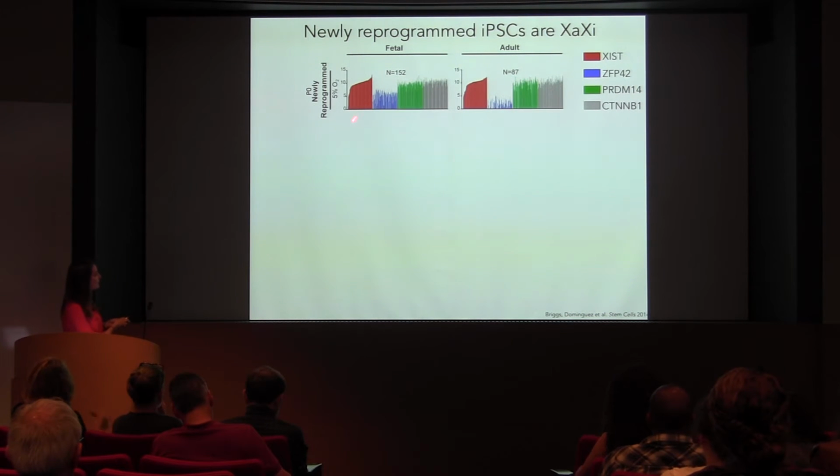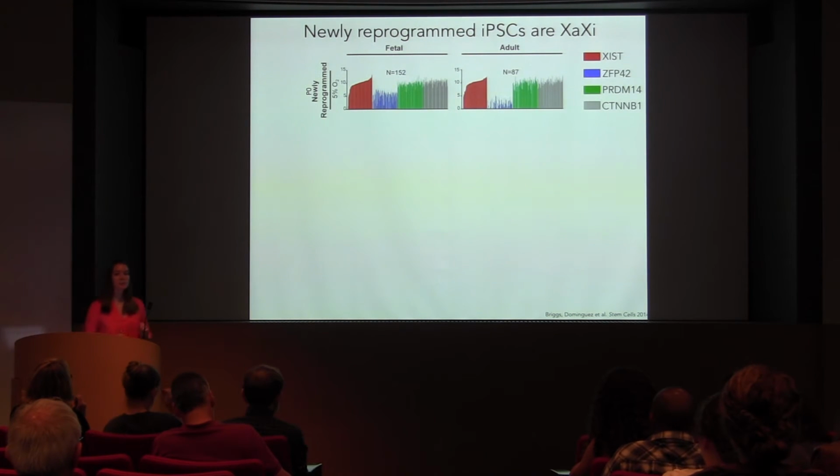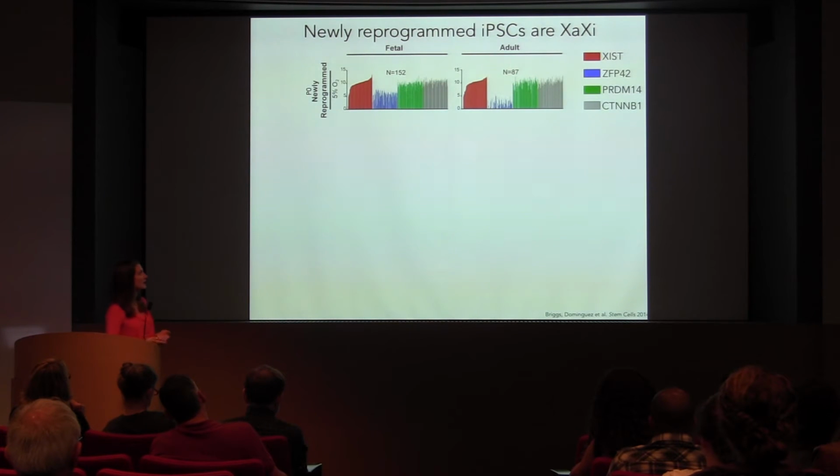So on these plots, what I'm showing is gene expression, where each column on here represents the expression of a gene in a single cell. And each single cell is represented 4 times because we're looking at 4 different genes. So it'll be represented here, here, here, and here. So the first thing I hope you can realize is that when we look at our iPSCs, they have our pluripotency markers here in blue and in green.